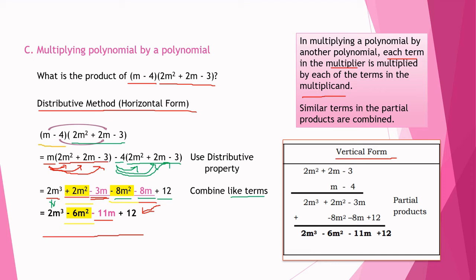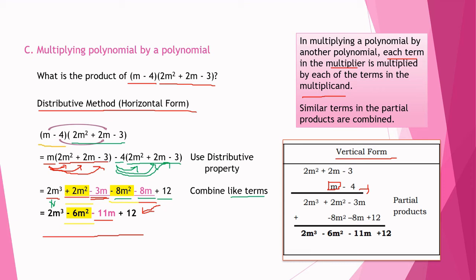So para ka lang dito nag-multiply ng whole number. Okay. So the first term is m. So this m minus 4 is your multiplier. And 2m squared plus 2m minus 3 is your multiplicand.